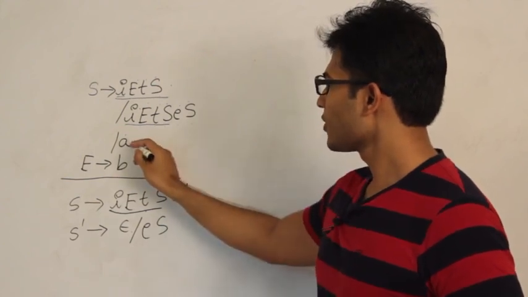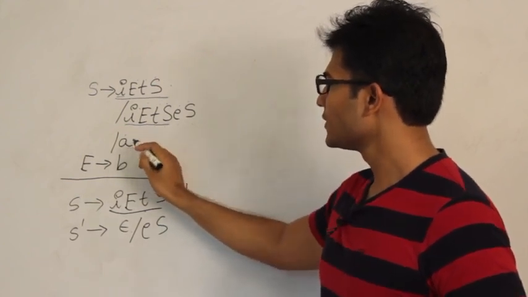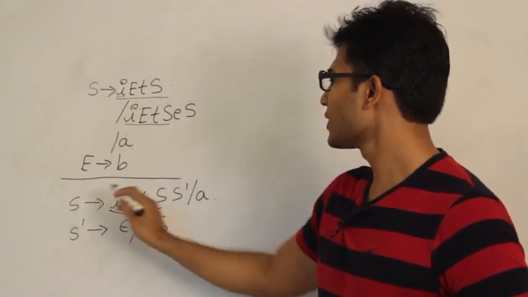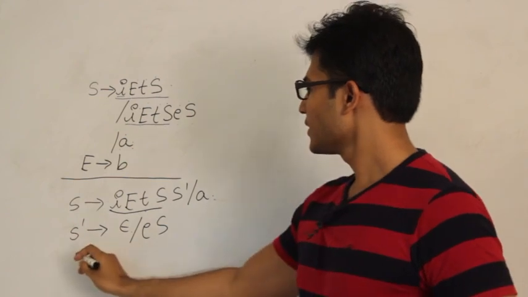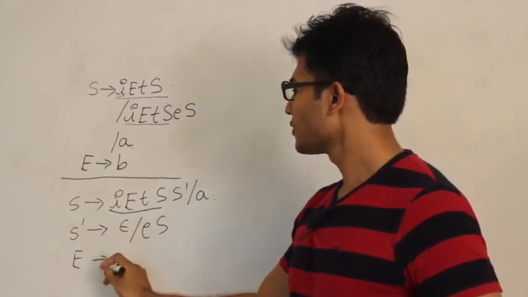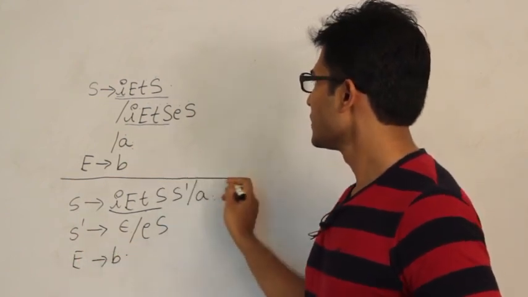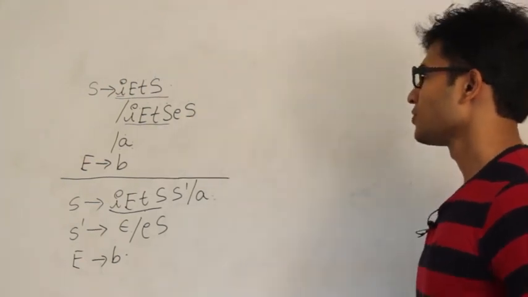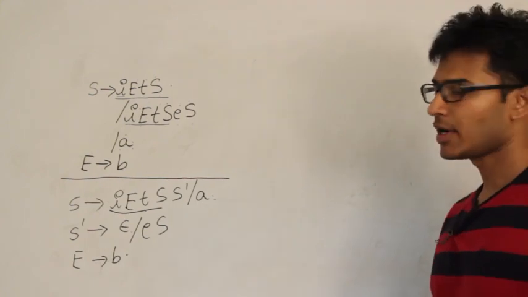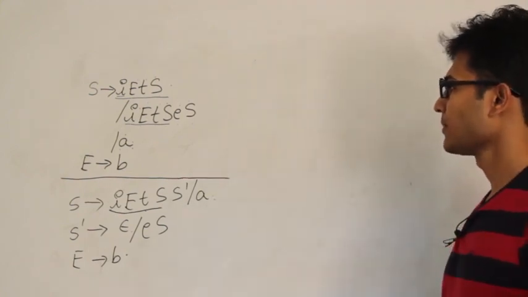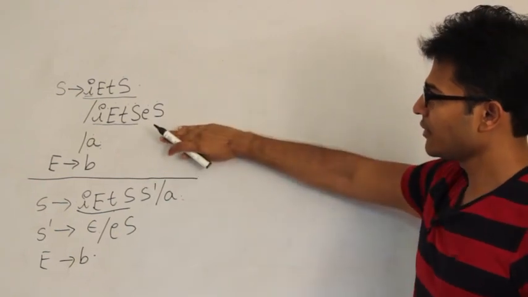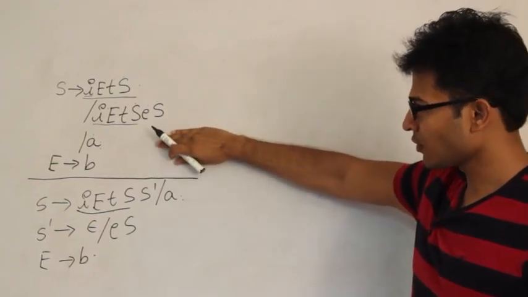And since we are not doing anything with this A, leave A wherever it was with S, therefore we are leaving it at S. And then E derives small b, the boolean expression, right? So now we have converted a non-deterministic grammar to a deterministic grammar, and this method is called left factoring, right? Fine. And now my question is this: the original grammar, is it ambiguous or not?